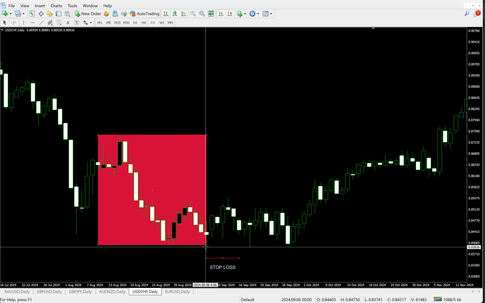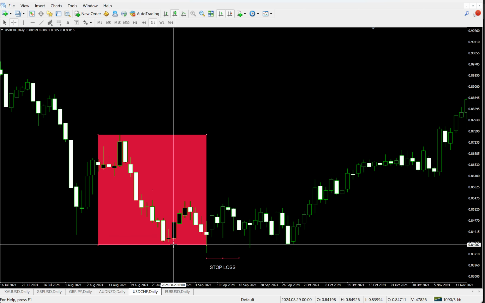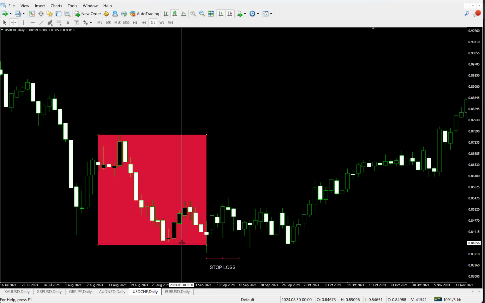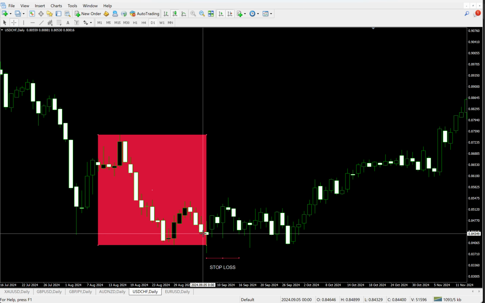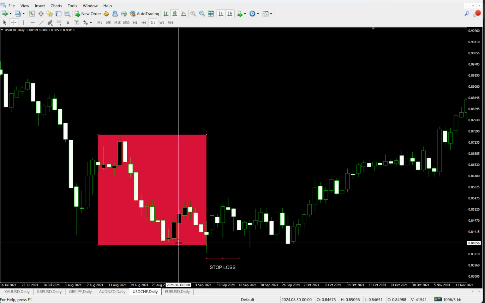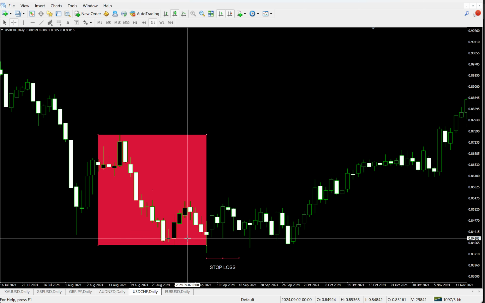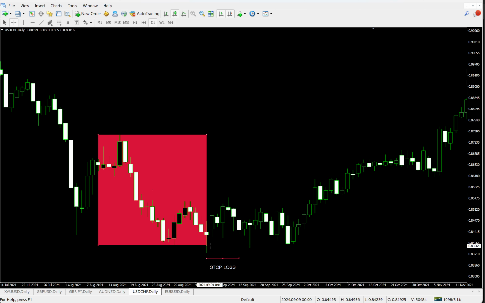Once this breakout has happened, we also need to pay attention to the next important condition of this strategy: the distance between the breakout candle and the candle that forms the low of the box should be more than 4 candles. As you can see here, 1, 2, 3, 4, 5, 6, 7. So we have 7 daily candles. The distance is more than enough, it's more than 4. So this breakout we consider valid, and we can enter the market.